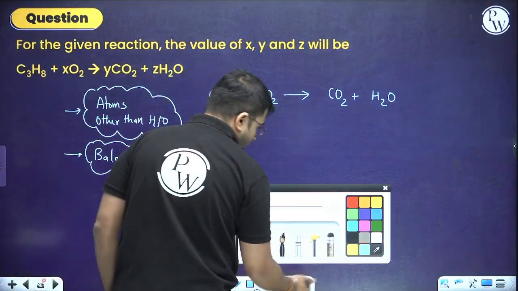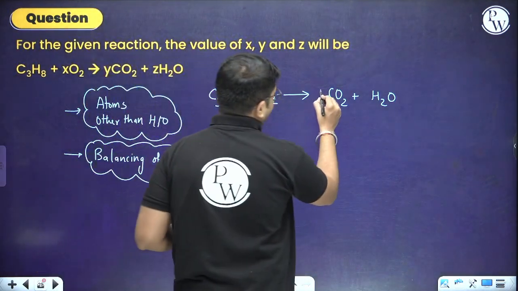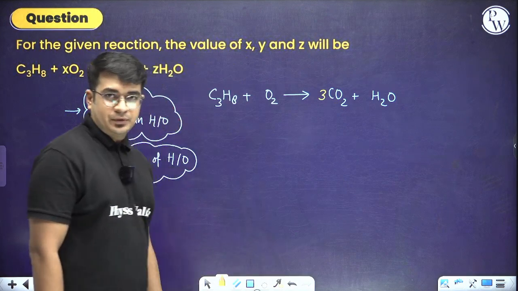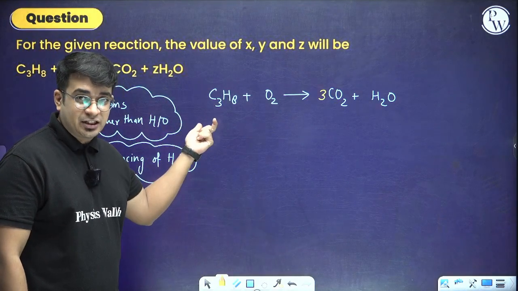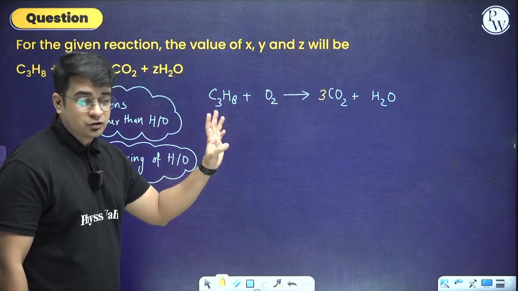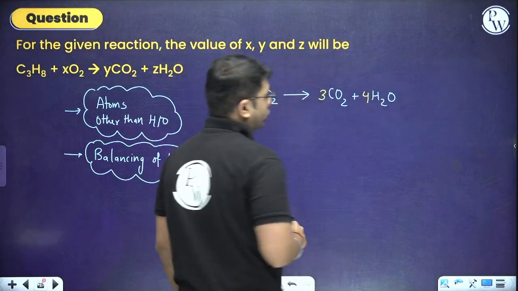Okay, now for this situation I can say 3 carbons are intact. It means I have to multiply CO2 with 3. Now hydrogen is intact with C3H8, and on the other side you cannot see hydrogen, so first try to balance hydrogen. 8 means I am multiplying H2O with 4, 4 2s are 8.